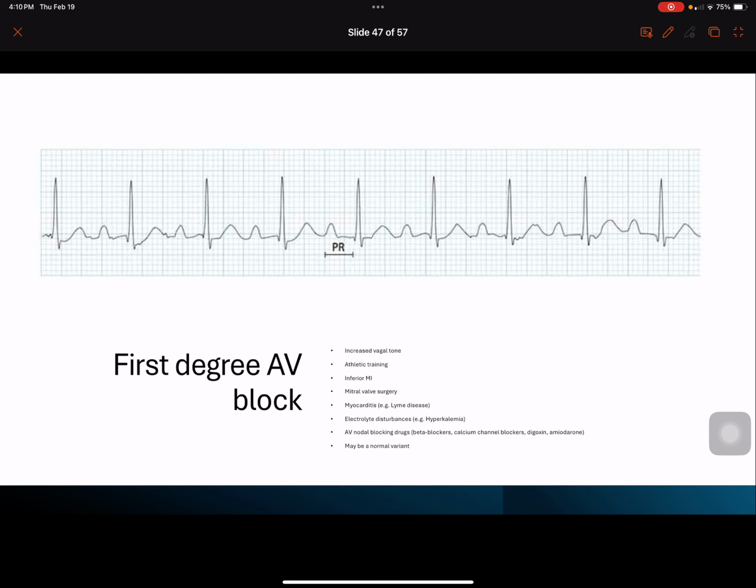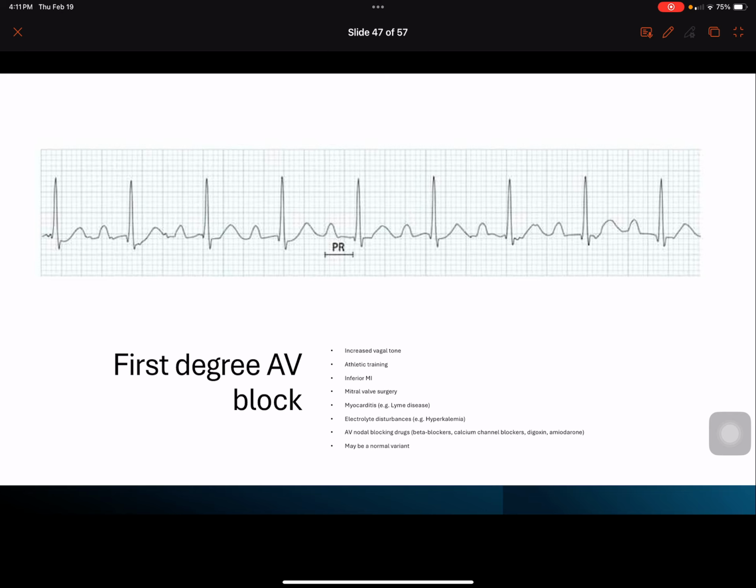Essentially, a block is like a road that's closed. A road can be closed completely and no cars are getting through, or a road can be closed where they let one car through at a time and there's a significant delay, or they could let 2 cars in at a time or 3 cars in at a time. Those are all how we describe AV blocks.